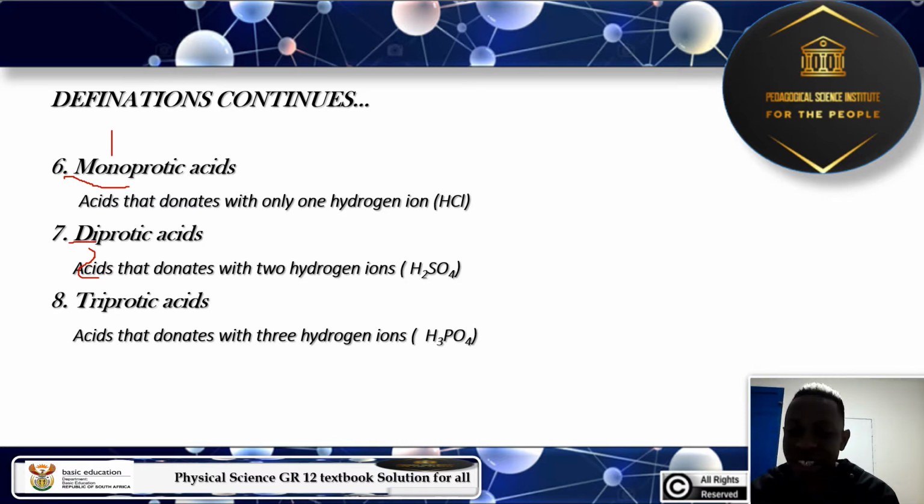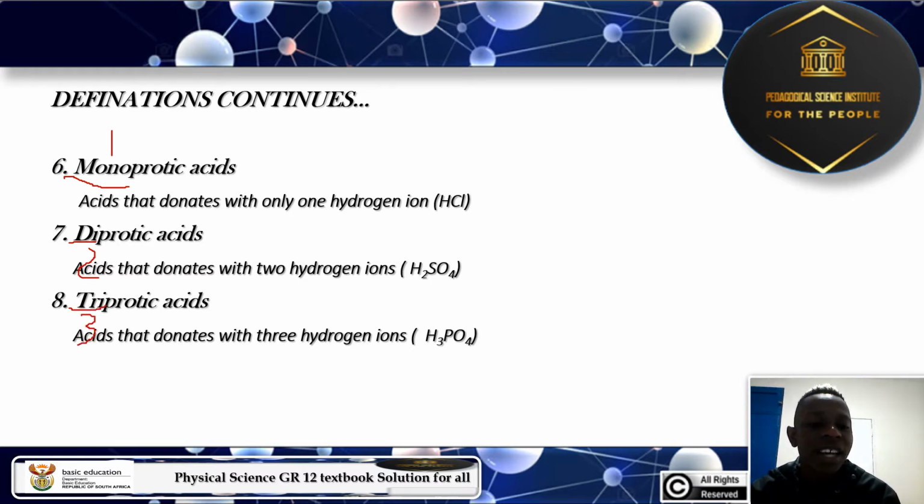When we are calculating, it's very important to master diprotic and triprotic acids, because sometimes that is why, when calculating a pH, you will find the wrong answer: we didn't consider whether the acid you are calculating is monoprotic, diprotic, or triprotic. Then triprotic, tri means 3.